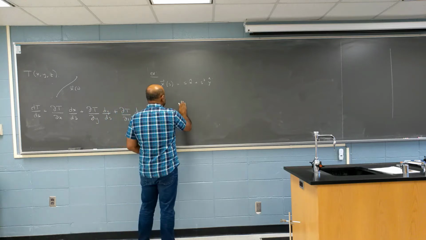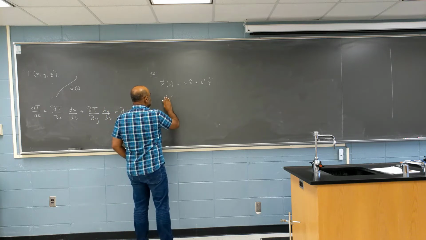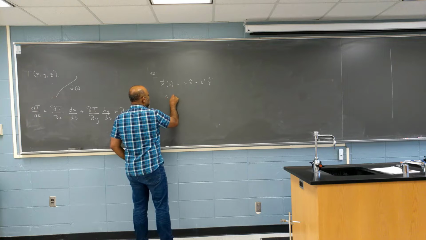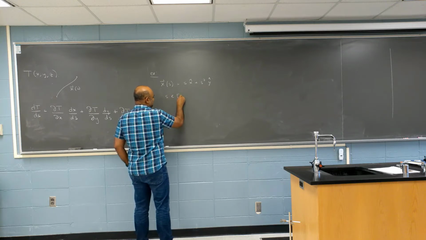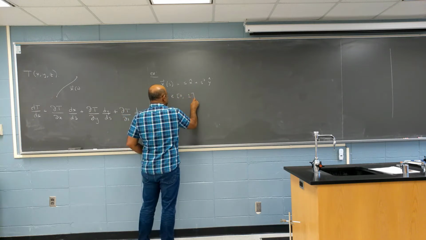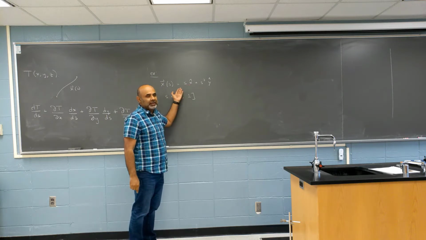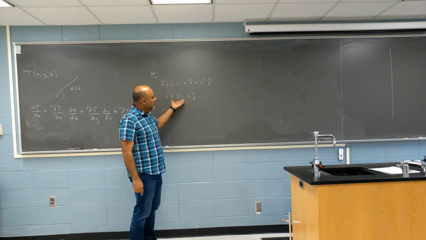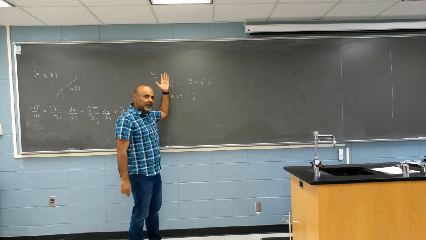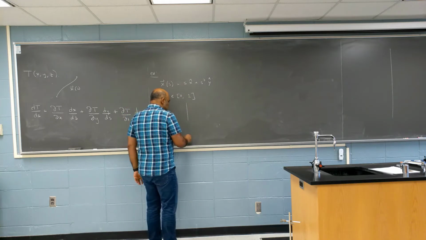I'm just going to look at the curve for s belonging to the set [0,1]. Well, that's just notation. That means s takes on every value between 0 and 1. You can extend the curve even beyond, but this is the initial value, that's the final value. And I think we discussed this.